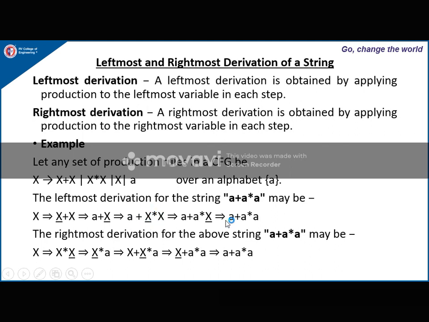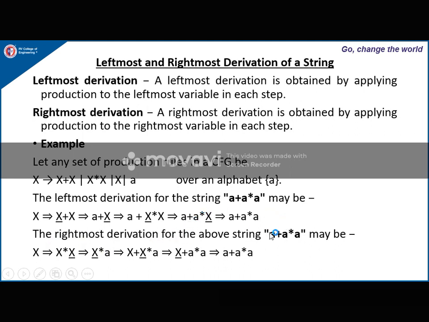So, this I will replace by a, and now this is left with only one variable x, that I replace by a. So, I got a plus a star a. So, at every step I am replacing the first leftmost variable. So, this is called leftmost derivation.